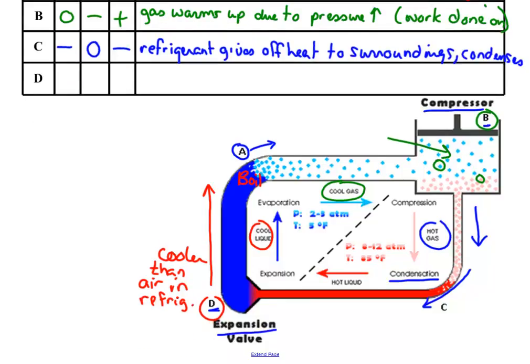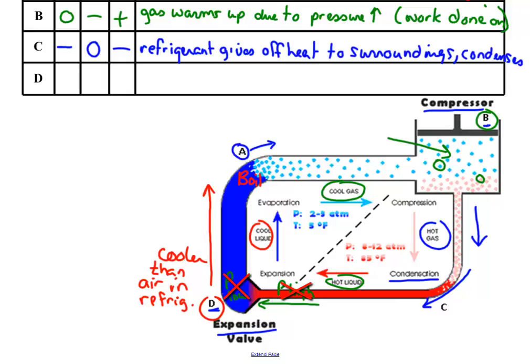Okay, so now we have this warm liquid. It's condensed, it's still warm, not as warm as the gas, and we hit this region. What we have is a valve that increases the volume of the liquid by allowing it to flow into a larger size container. So essentially the liquid is doing work, creating the expansion. So again, we have adiabatic expansion of our fluid going on.